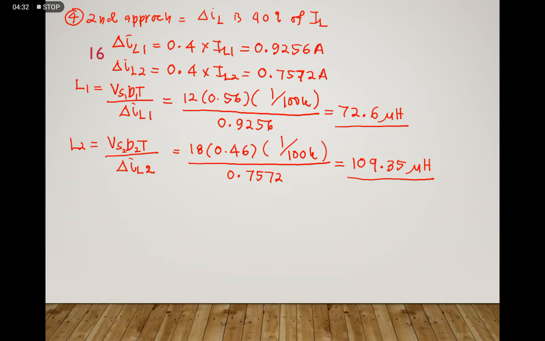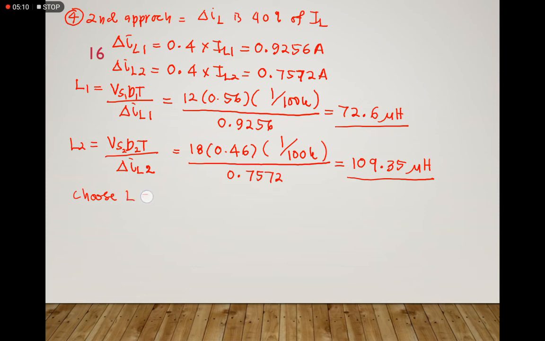So you can choose either 72.6 microhenry or 109.35 microhenry. Since these two values are already greater than L min, it's better for us to choose the one that has a bit lower value, so that we expect the losses are not going to be very big.